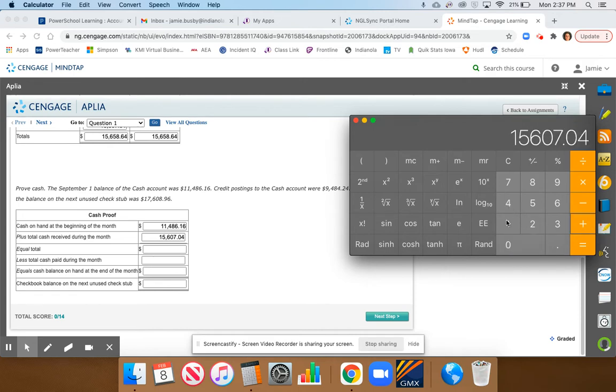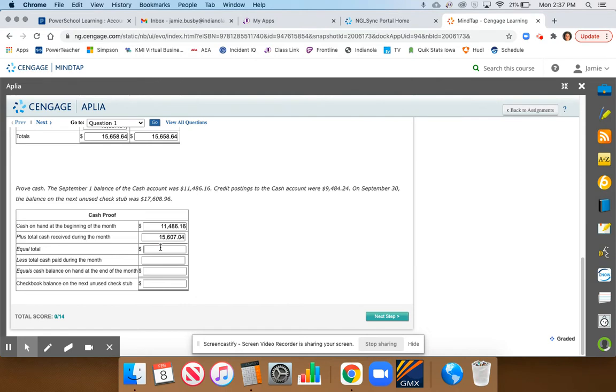Add that plus $11,486.16. So that is how much we should have total before we take out, less the total cash paid during the month. That's coming from our cash credit and also from our instructions, $9,044.24.